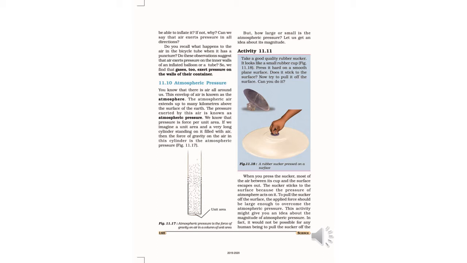This envelope of air is known as atmosphere. You had studied in SS also. The atmospheric air extends up to many kilometers above the surface of the earth. Approximately we can say 800 kilometers height. The pressure exerted by this air is known as atmospheric pressure.